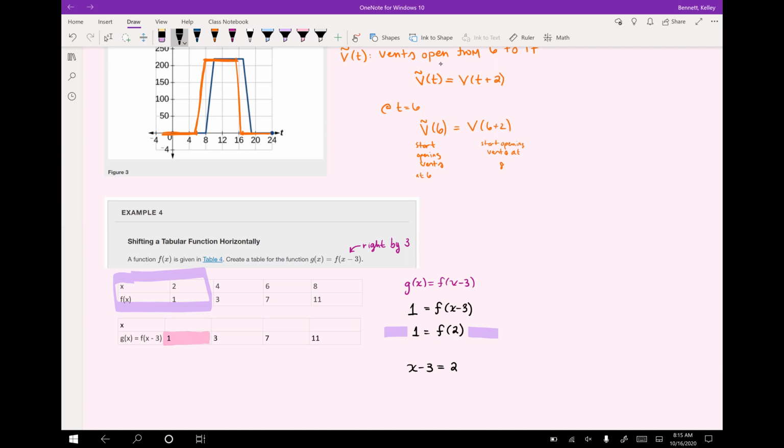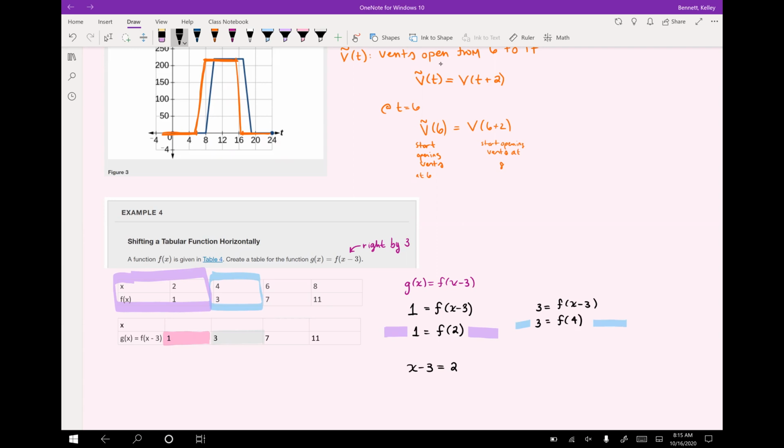And similarly for the next one, if I have, let's say, 3, if I'm going down the line, if I have 3, I know that has to equal f of x minus 3 just in general. But going up to the upper table, I know that 3 equals f of 4.